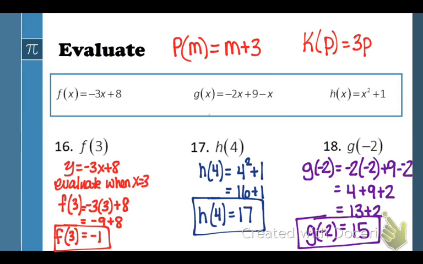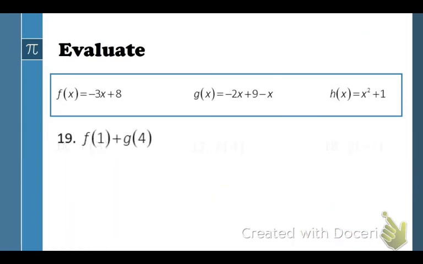All right. Last set. This time we're just going to do some different things with these functions. So when I plug in 1 in the f function, I'm going to get a number out, right? I'm going to get an output. When I plug 4 in the g function, I'm going to get a number. I'm going to get an output, right? So what this is saying is we're going to take the output of this and add it to the output of this to get my final answer.